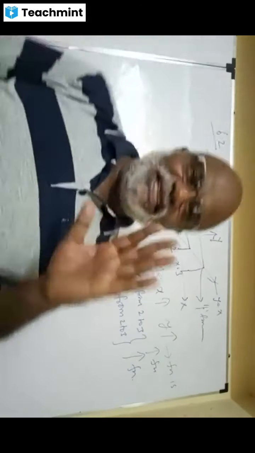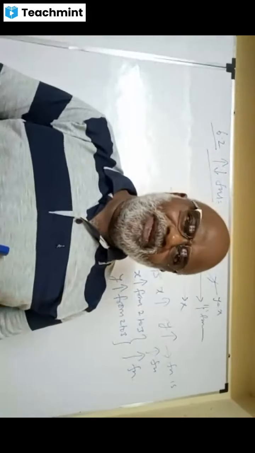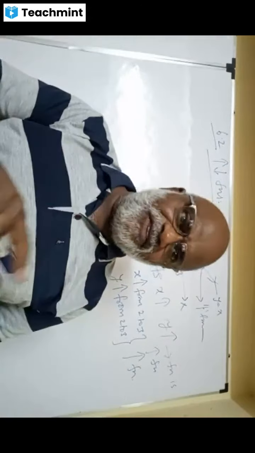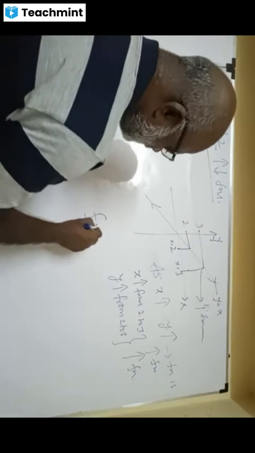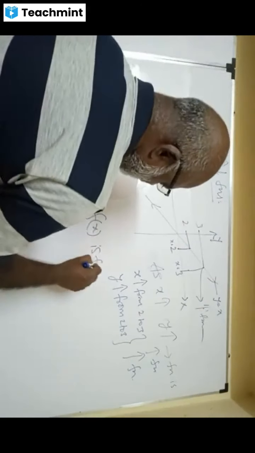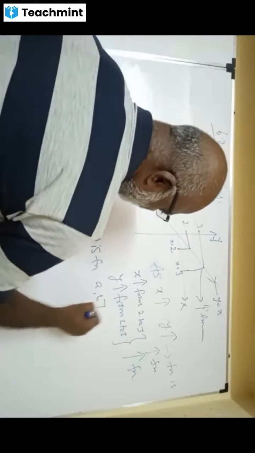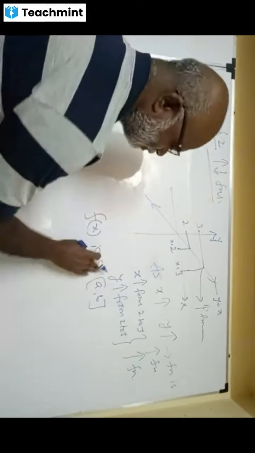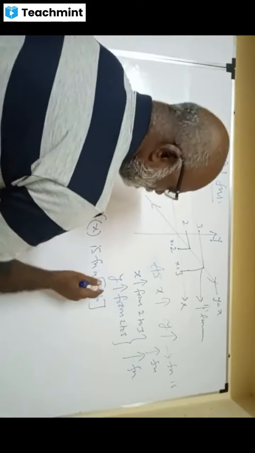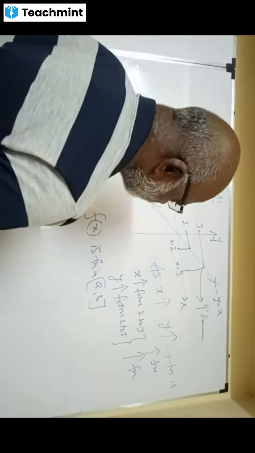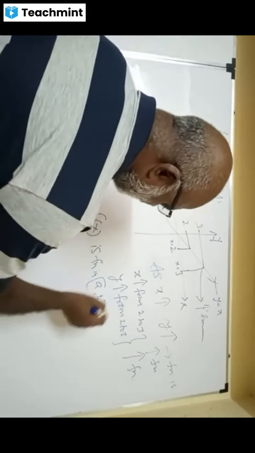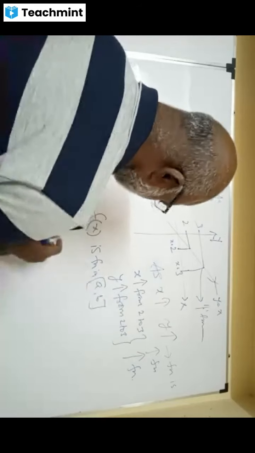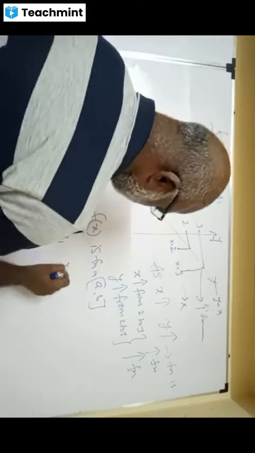This is how they started the definition of increasing and decreasing functions. f of x is a function in an interval AB. Here, you take two numbers in the interval AB, say x1 and x2.